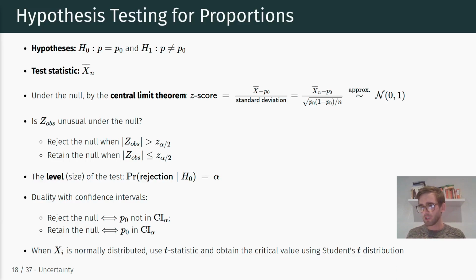Another thing I should mention is that when xi is normally distributed, and this goes back to the previous week, we can use the t statistic and the t distribution without relying on the central limit theorem and obtain the critical value using the student's t distribution. But if we have a large number of observations, we can rely on the central limit theorem and basically rely on the normal distribution.